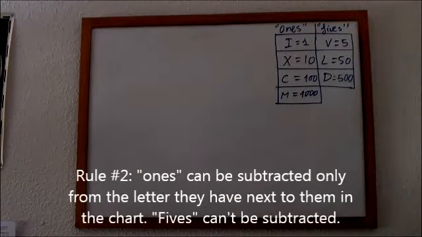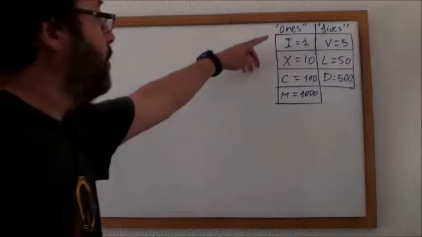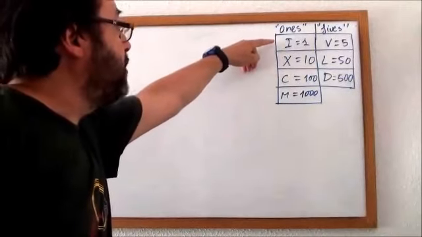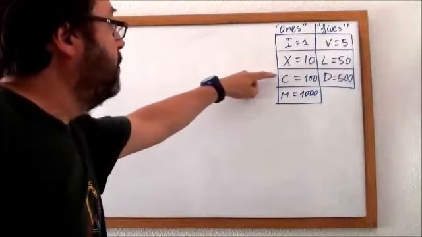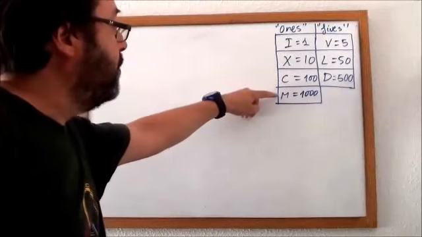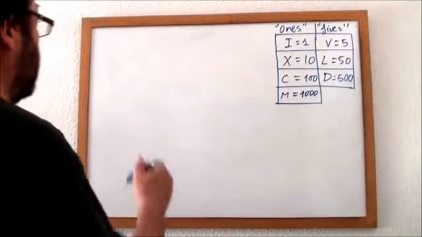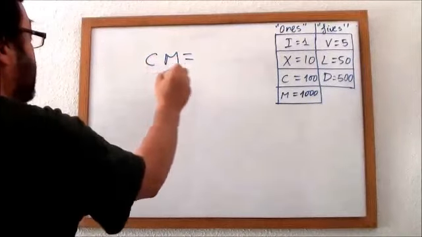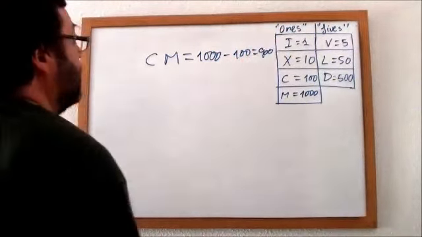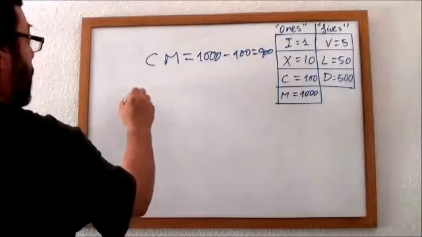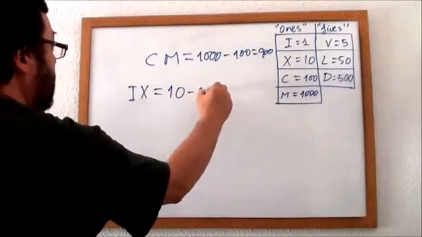To take away, we have to follow the second rule. We can take away only for the ones the number that is right on top of it. So for the X we can take away the I, for the C we can take away the X, and for the M we can take away the C, but we cannot take away other letters. So we can do CM, that is 1000 minus 100, that is 900. Or we can do IX, that means 10 minus 1, which is 9.